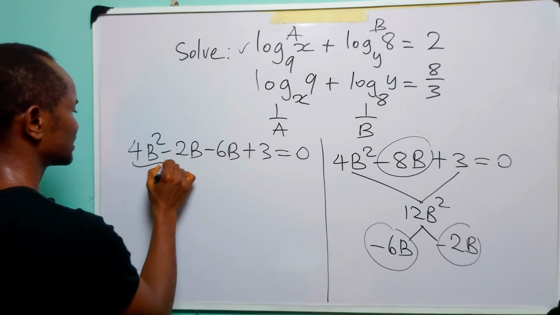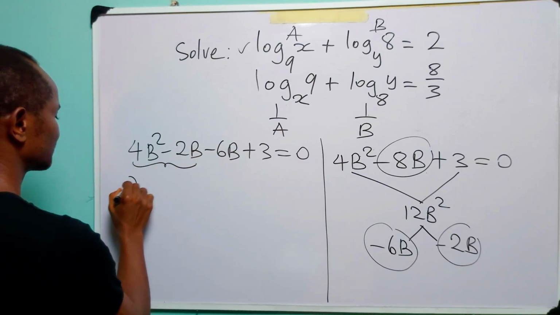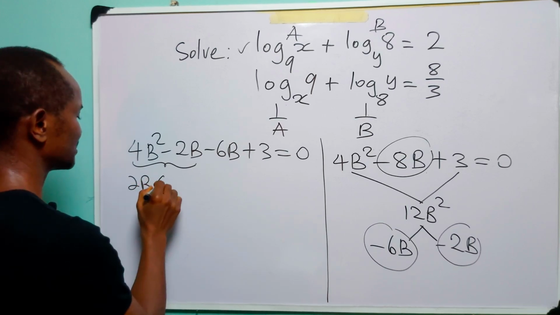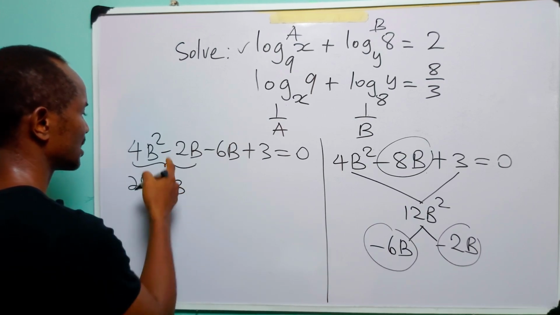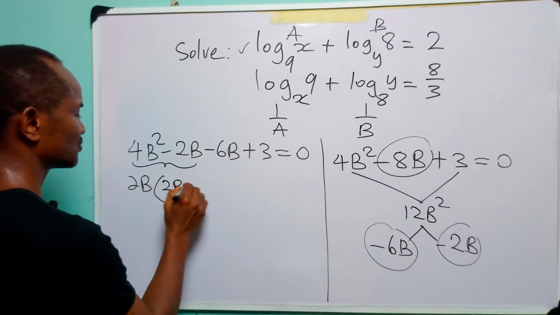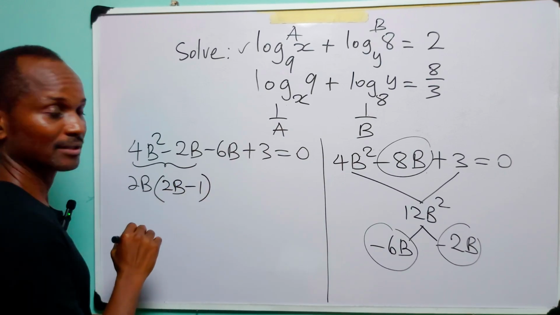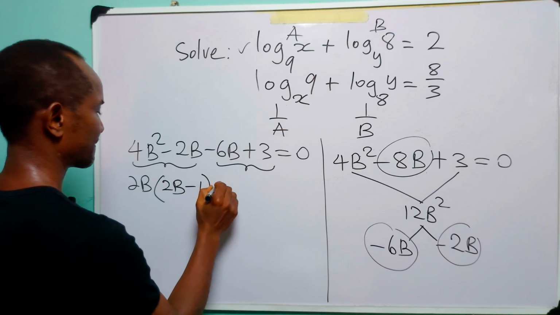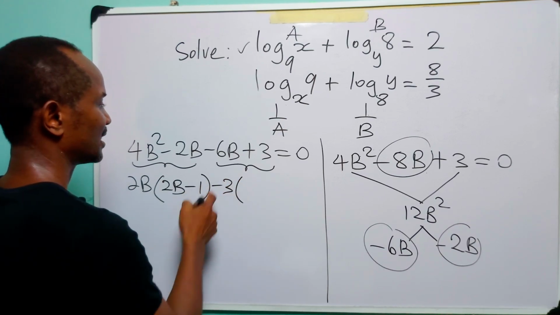We can divide these two by 2b. So we have 4b squared divided by 2b is 2b. Minus 2b divided by 2b is minus 1. We can divide these two by minus 3.